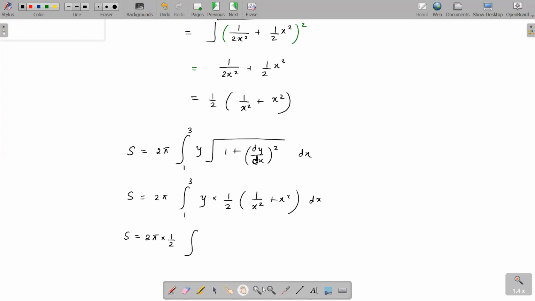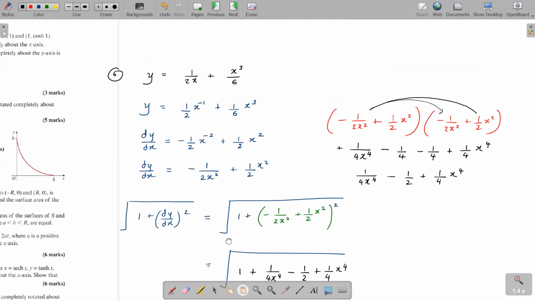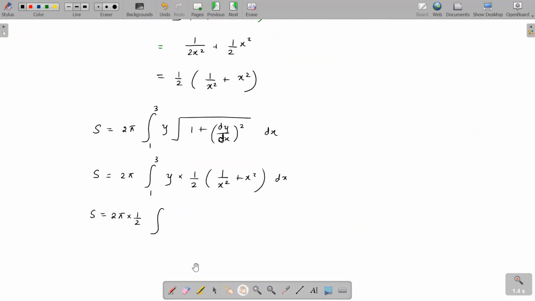Can you all replace the y? Y was 1 over 2x plus x cube over 6, and the other bracket is 1 over x square plus x square. I took this half out front.